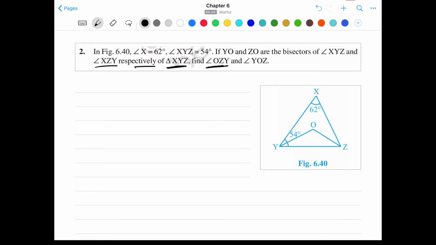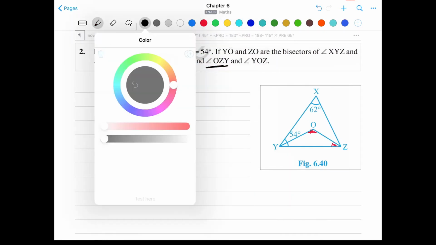One is OZY, only this part, and I'm going to mark that with the red ink. We have to find this angle OZY and the angle YOZ. So we have to find these two angles. Okay, while we are given the measure of two angles.